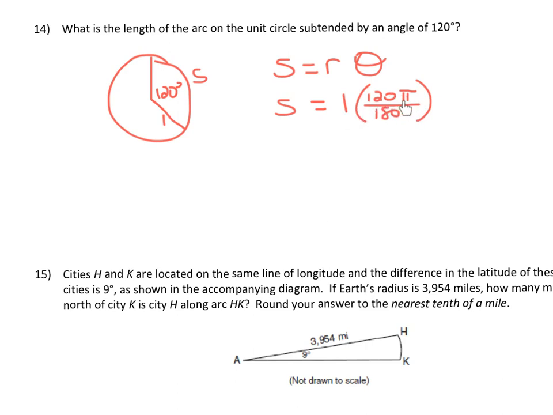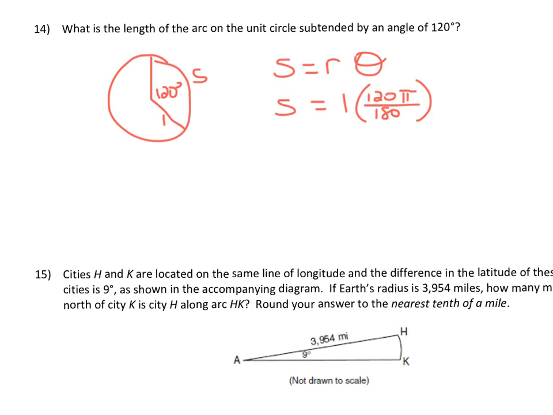If you plugged 120 pi divided by 180 into your calculator, it would give you a decimal that keeps going and going. This question doesn't say to round to anything, so we're just going to write it in simplest form. This 1 you can ignore because 1 times anything is just itself.